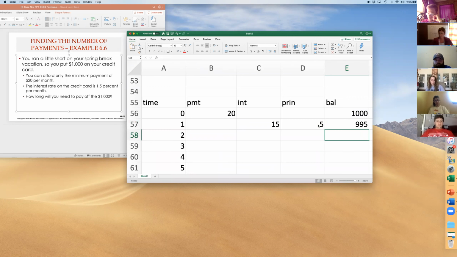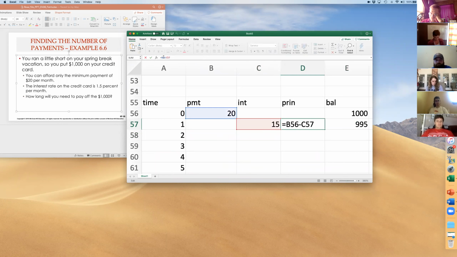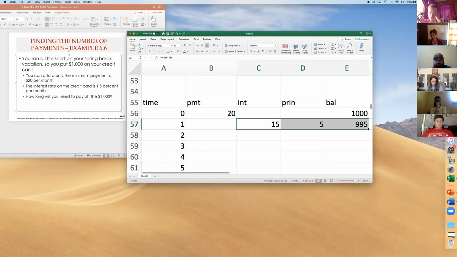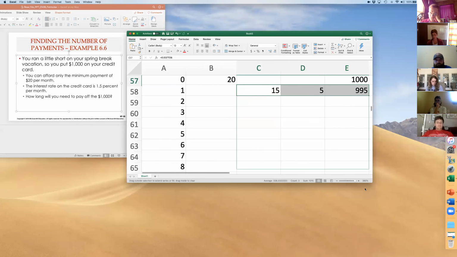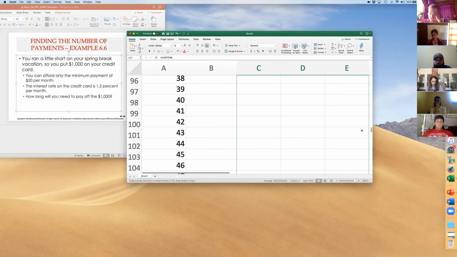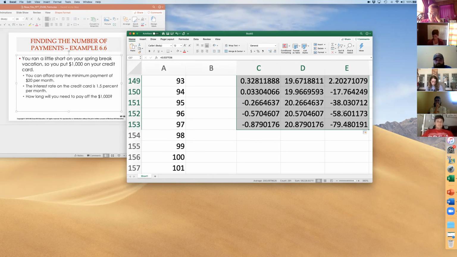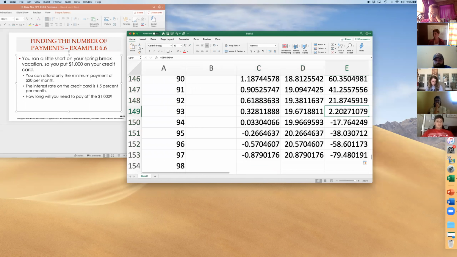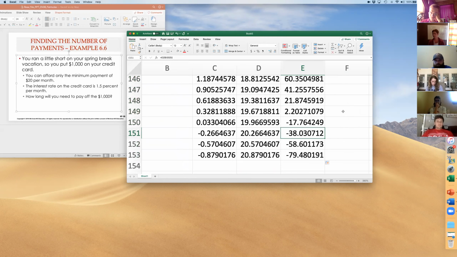All right. So if I just keep doing that, and I'm going to put in the principal here, I'm going to freeze that payment, copy this thing over, and you can see when I copy all the way down, if this is the choice I make and just make the minimum payment the credit card forces me to make, you can see the balance goes from positive $2.20 here in time period 93 to a negative amount where you got the thing paid off.